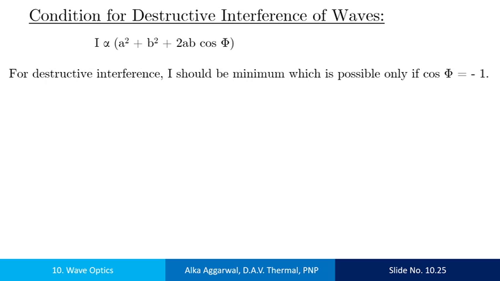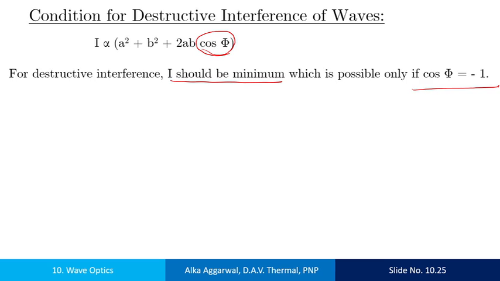For the destructive interference, the intensity of the light should be minimum. Out of this, only this term is variable, and the intensity of light is minimum when the value of cos phi is equal to -1.